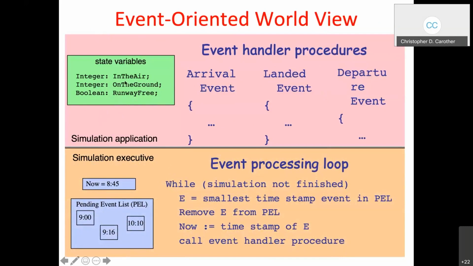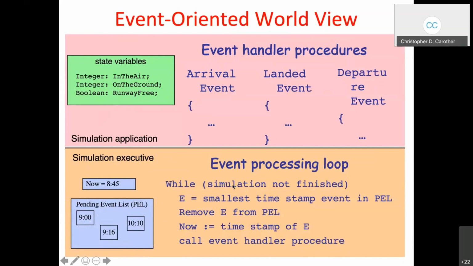The state variables are going to be planes in the air, on the ground, and whether the runway is free or not, which is a Boolean variable. Those could be the state variables for our airport. And then the event handling procedures themselves are the arrival event, landing event, and departure event. And again, under the covers, we have our event processing loop.